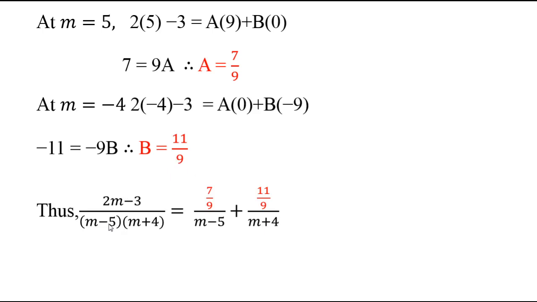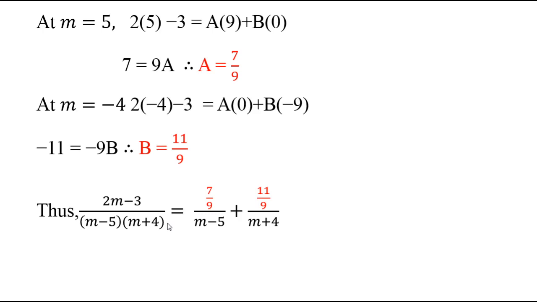So this fraction 2m minus 3 upon m minus 5 into m plus 4 can be expressed as a upon m minus 5, but a is 7 by 9. So 7 by 9 upon m minus 5 plus 11 by 9 upon m plus 4.